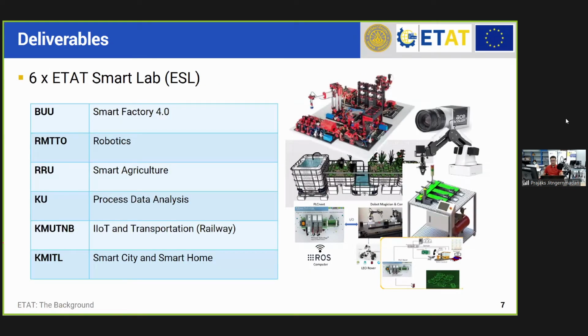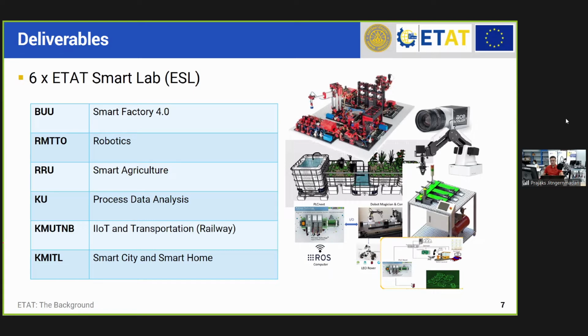So, our 6 smart labs are divided as follows: BUU will concentrate on smart factory 4.0, RMUTTO, or Rajamangala University of Technology Tawan Ok, will do something about robotics. RU, or Rajabhat Rajanagarindra University, will do something about smart agriculture.